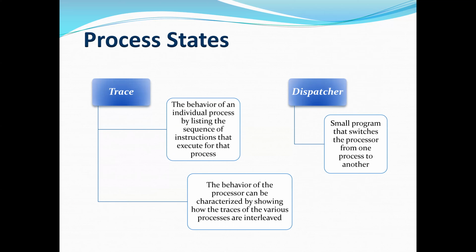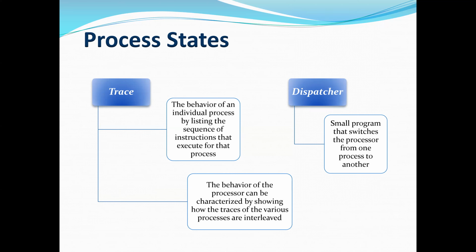Now we have different types of process states. As we discussed earlier, for a program to be executed, a process or a task is created for that program. From the processor's point of view, it executes instructions from its repertoire in some sequence dictated by changing values in the program counter register.